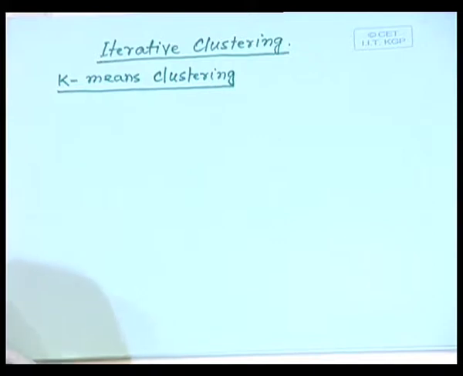I assume that whatever be the set of given feature points, I will construct k number of clusters out of these feature points. Okay. So, the approach is something like this. Initially, you arbitrarily partition the set of data into k number of clusters. Okay. So, that is quite arbitrary.